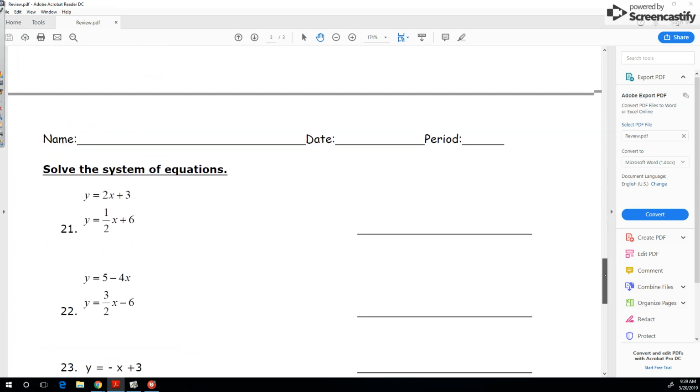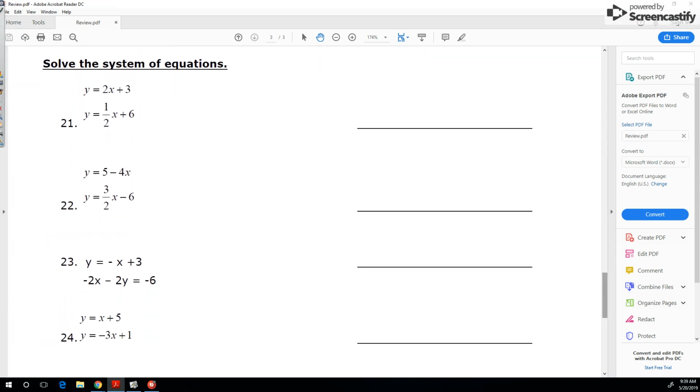All right, moving on. Solving a system of equations. Now, when we have a system of equations where they're both in y equals mx plus b, or really y equals any kind of form, that's when we can just set them equal to each other. So think about it this way.